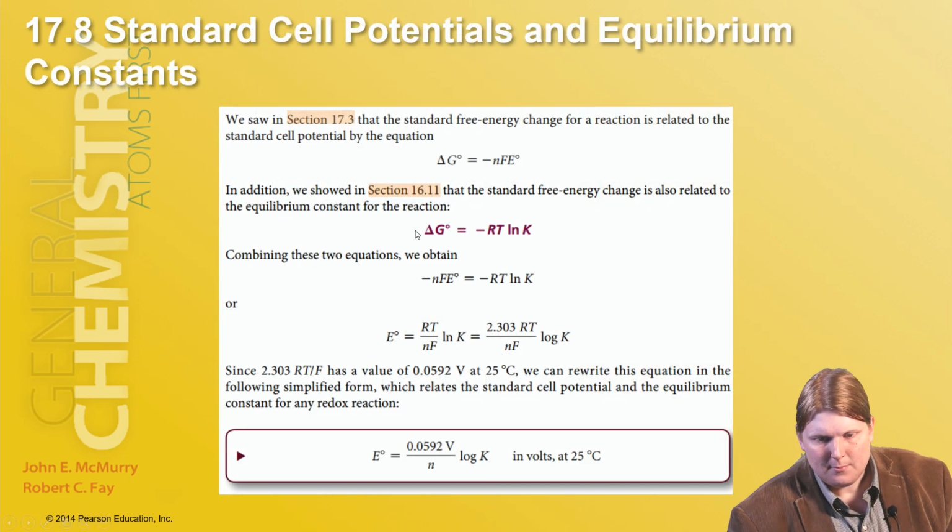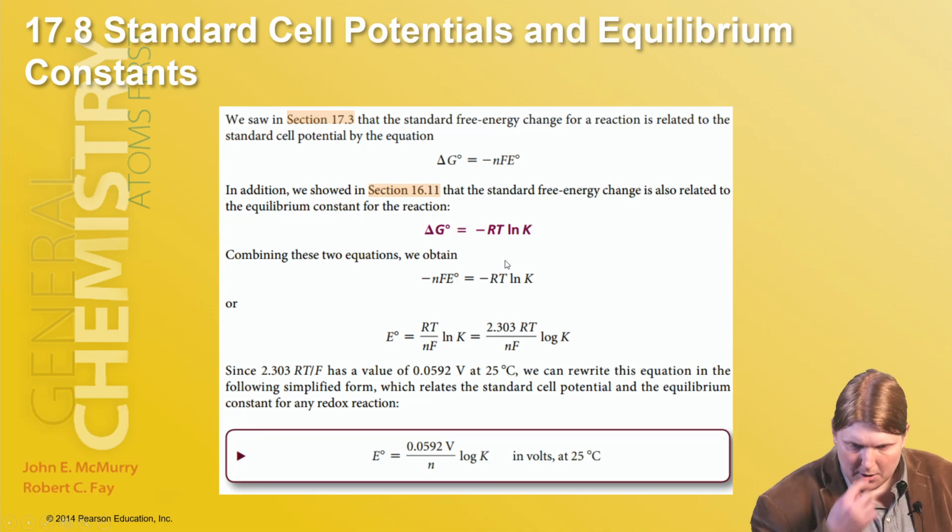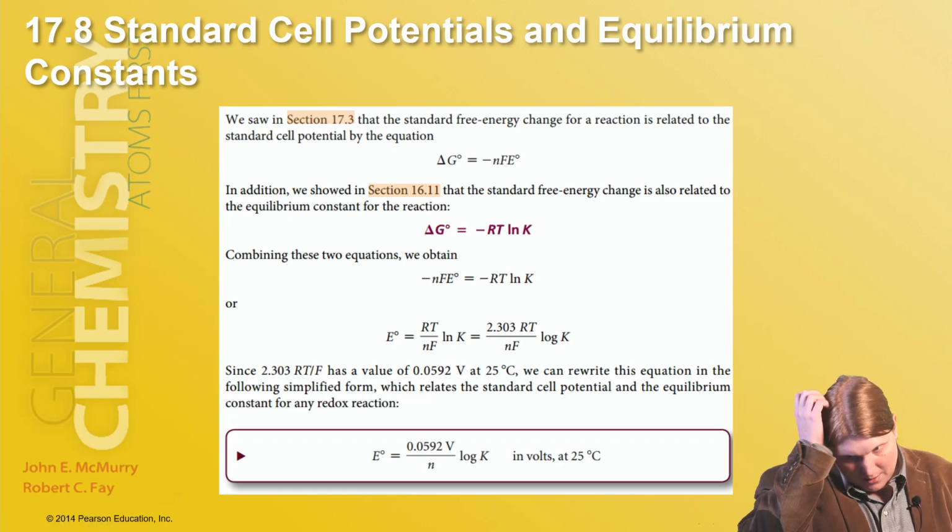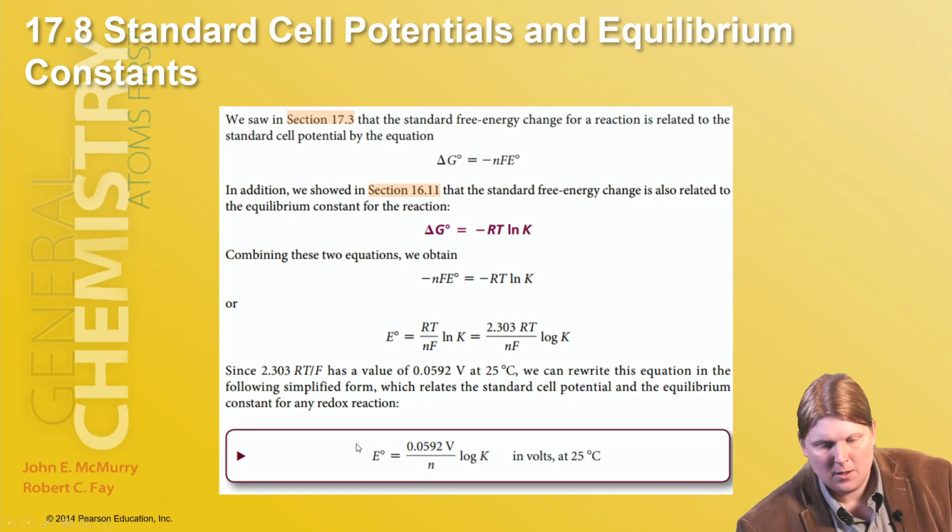So again, we look here at the delta G naught equation that we've been using previously to convert a standard E cell to a standard delta G. We find that we can also use this other equation that we've seen before for delta G naught in terms of K, substitute in, and rearrange and obtain a new equation where this equation shows that E cell naught is equal to some value.